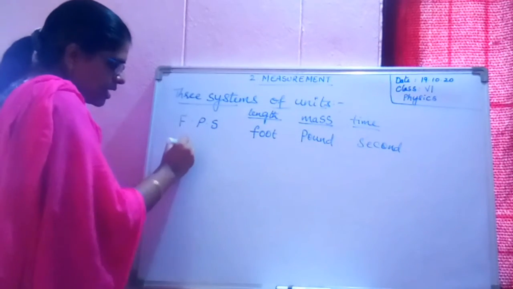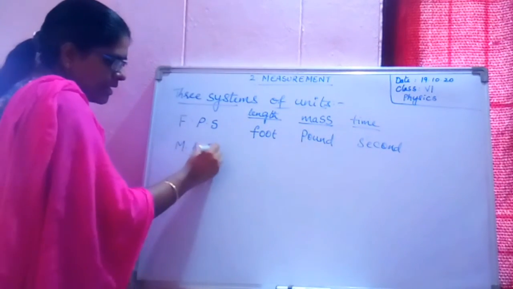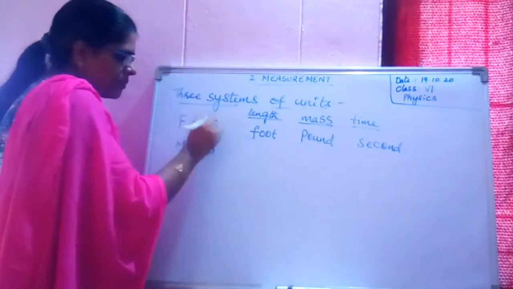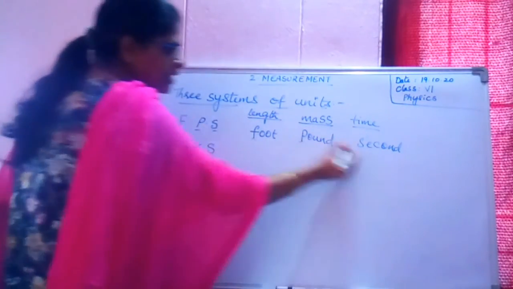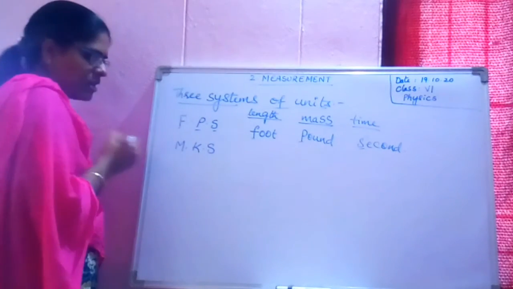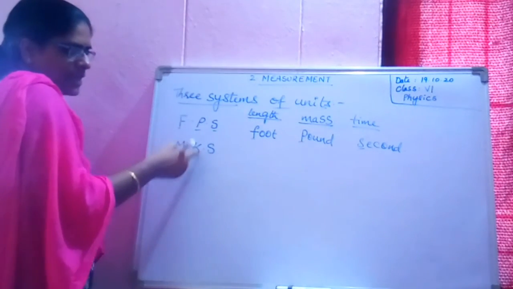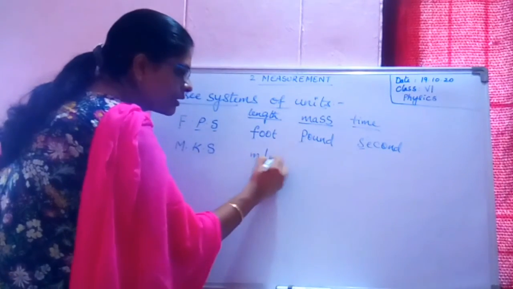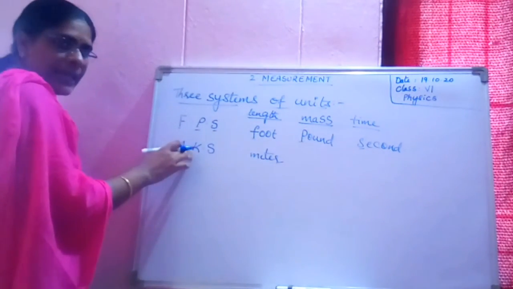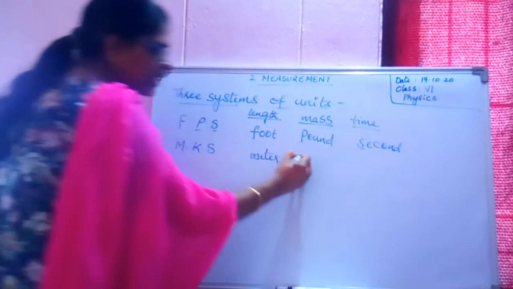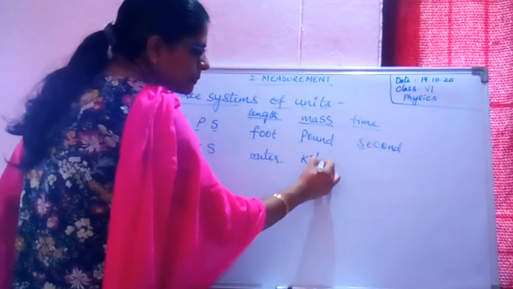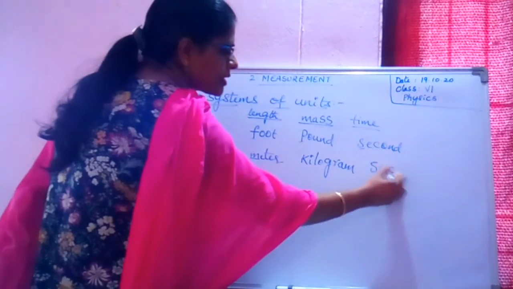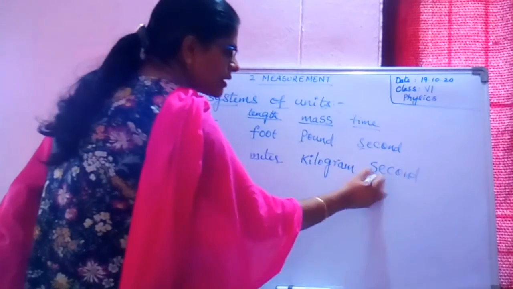Next, MKS system. See here, M, K, S. S stands for second. MKS system. Length, meter. K stands for kilogram. Time, seconds.